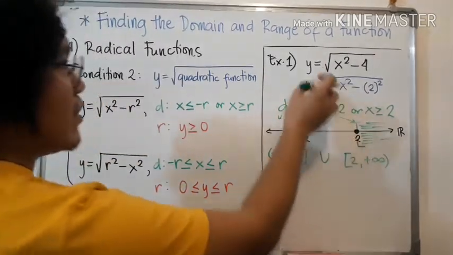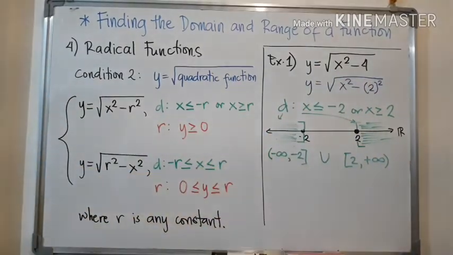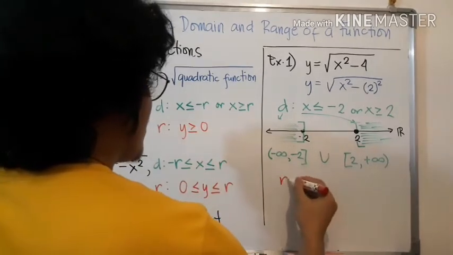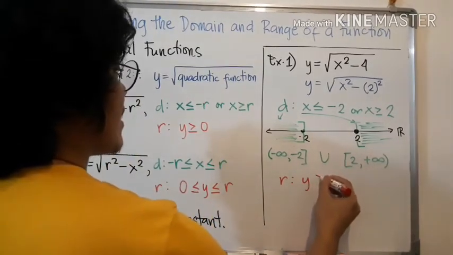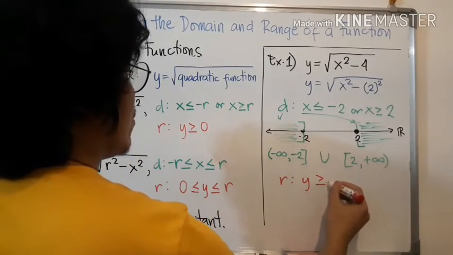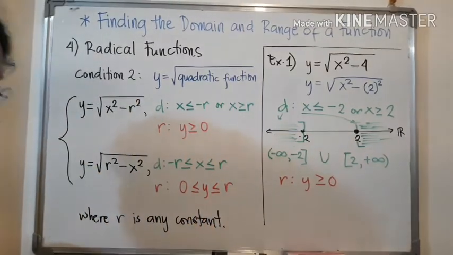This is the domain of this radical function. Now how about the range? The range is the set of all y's greater than or equal to 0.